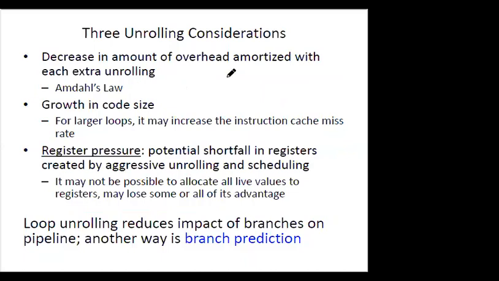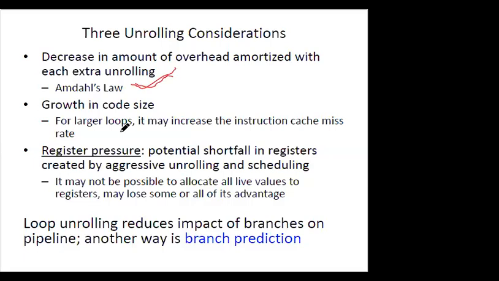The decrease in the amount of overhead can be analyzed by Amdahl's law. Amdahl's law was discussed in the previous lecture. I had explained the use of Amdahl's law, that it is more favorable in parallel processing. So we can see the statement of Amdahl's law.